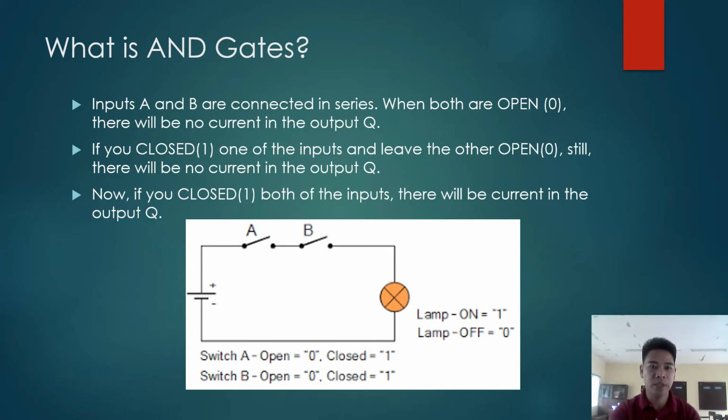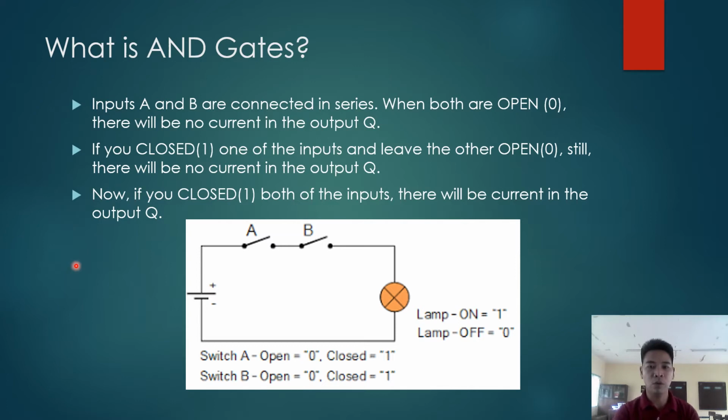Let us proceed to AND gates. AND gate is one of the three basic logic gates. These are AND gates, OR gates, and NOT gate. So we will now study what an AND gate is. In AND gates, inputs A and B are connected in series.